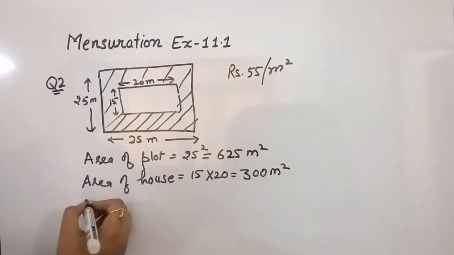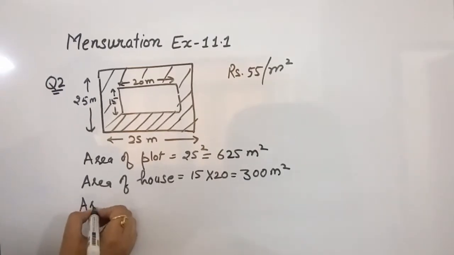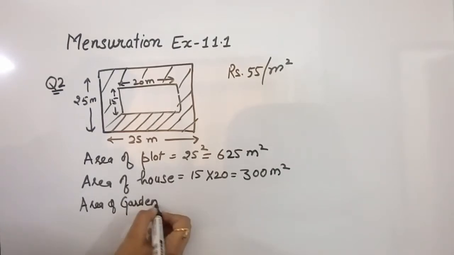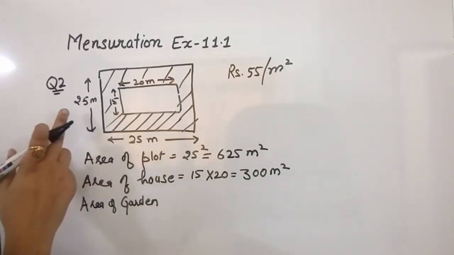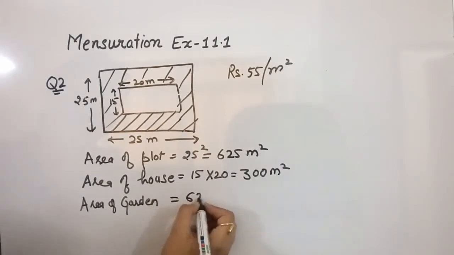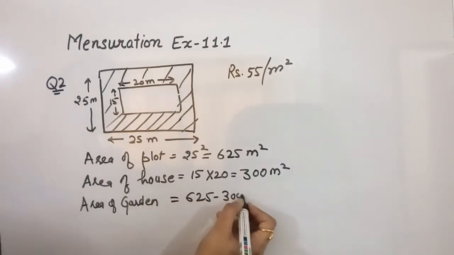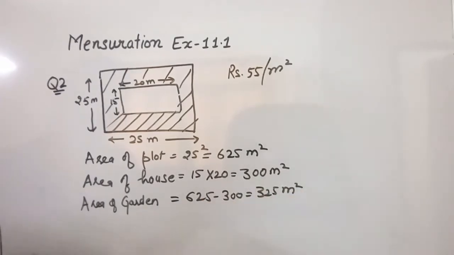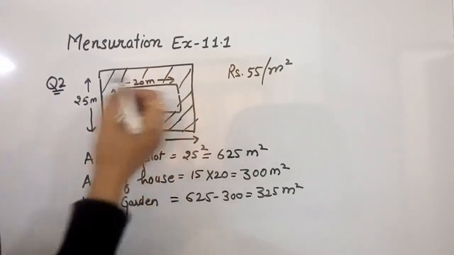So area of garden is area of this plot minus area of this house. So it is 625 minus 300, that is 325 meter square. We found out the area of this garden.